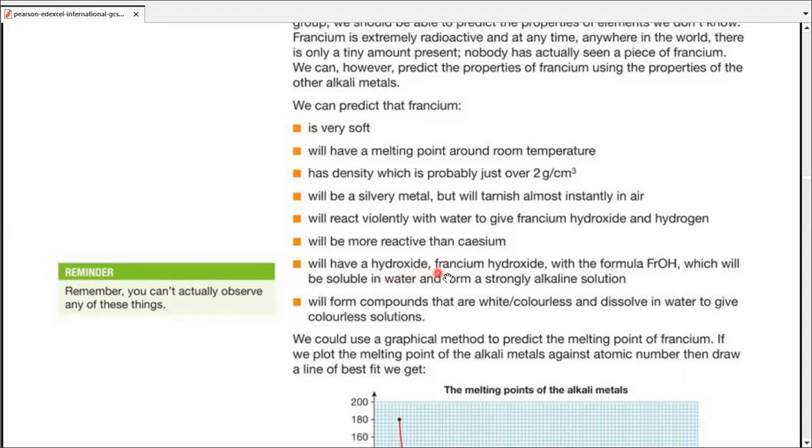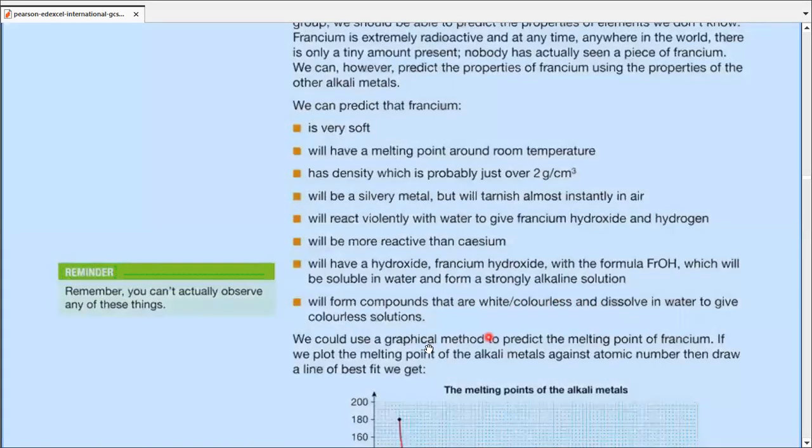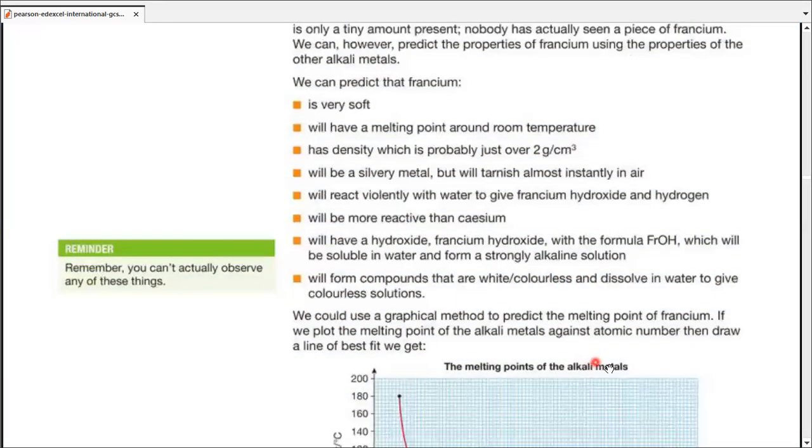Francium hydroxide, with the formula FrOH, would be soluble in water and form a strongly alkaline solution. Of course, universal indicator will turn either blue or purple in this solution. Remember, it will form compounds that are white, colorless, and will dissolve in water to give colorless solutions too.